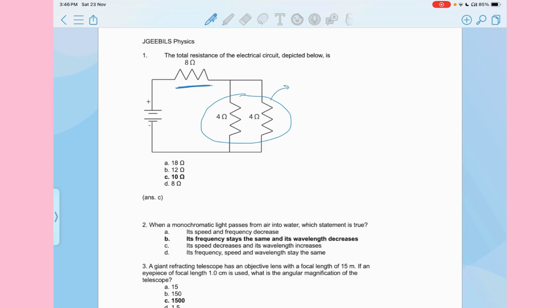Let's find this out. The formula is 1 upon R is equal to 1 upon R1 plus 1 upon R2. So 1 upon R will be 1 upon 4 plus 1 upon 4, so R will be 4 by 2, which is 2.